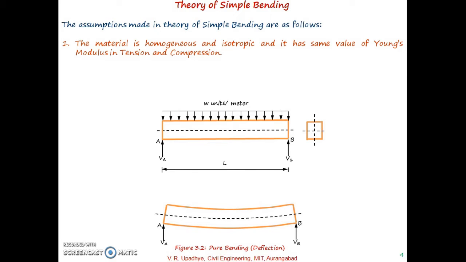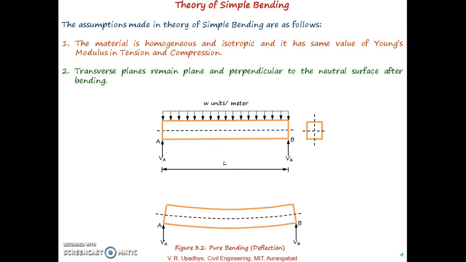The first assumption is the material is homogeneous, isotropic, and has the same value of modulus of elasticity in tension and compression. The second assumption is that transverse planes remain plane and perpendicular to the neutral surface after bending. What is shown in this diagram is this plane.